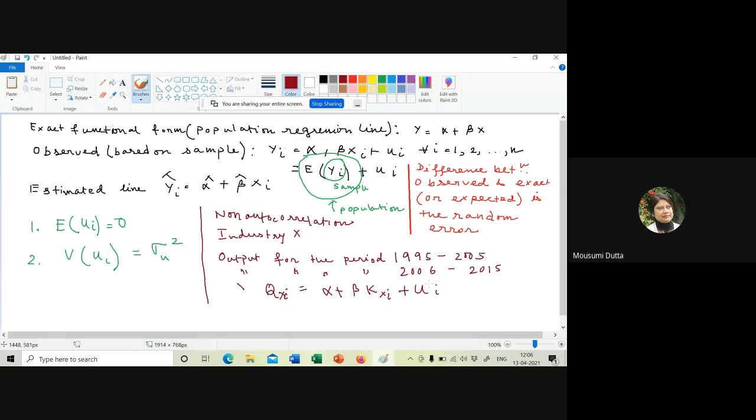Or in other words, we are assuming that the covariance between Ui and Uj is equal to 0. Okay? Covariance between Ui and Uj is equal to 0. Got it? Any question?